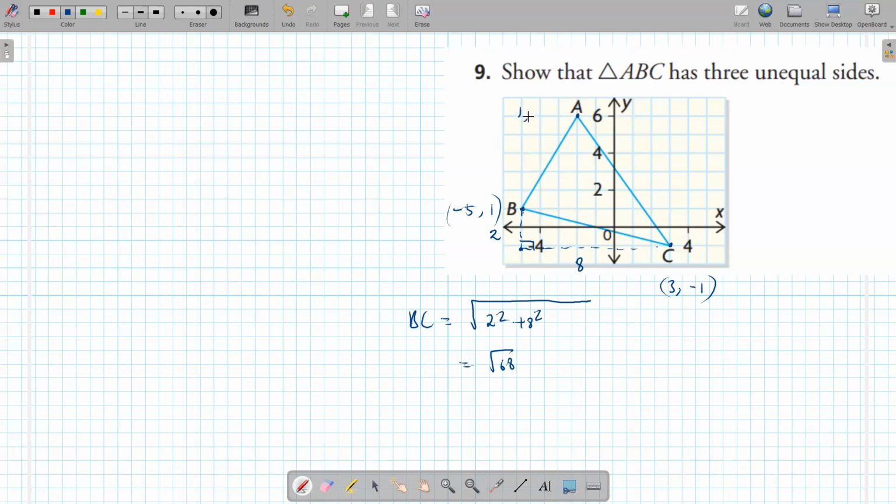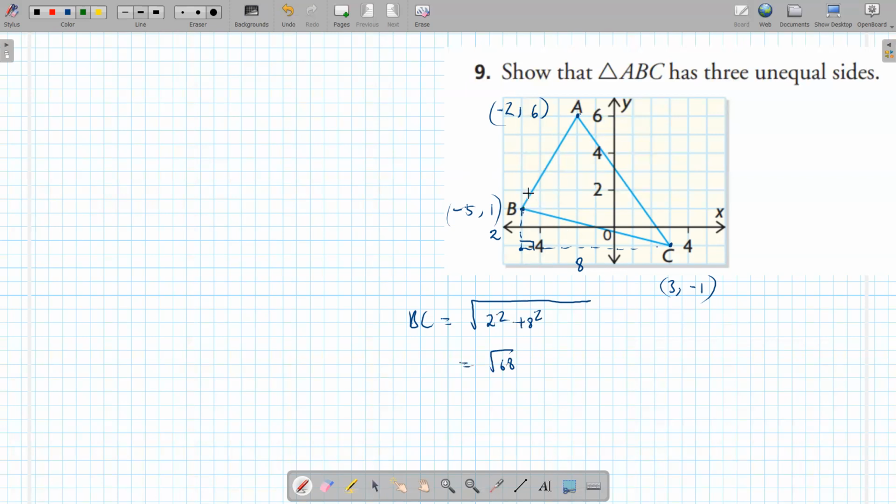It's something and 6. What's the x value up here? It is -2. So again, same thing.